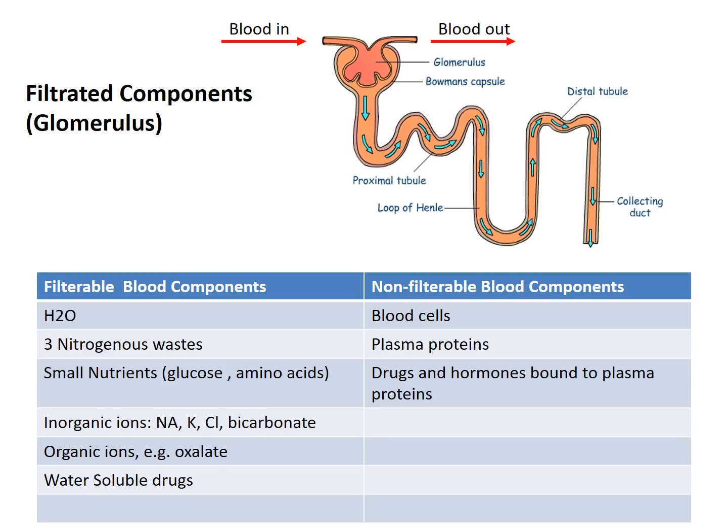We filter water, we filter the 3 nitrogenous waste products, we filter small nutrients such as glucose and amino acids, we filter inorganic ions such as the electrolytes, we filter small organic ions such as oxalate, and we can filter drugs if they are small and water soluble. All that will end up in the urine filtrate in Bowman's capsule.